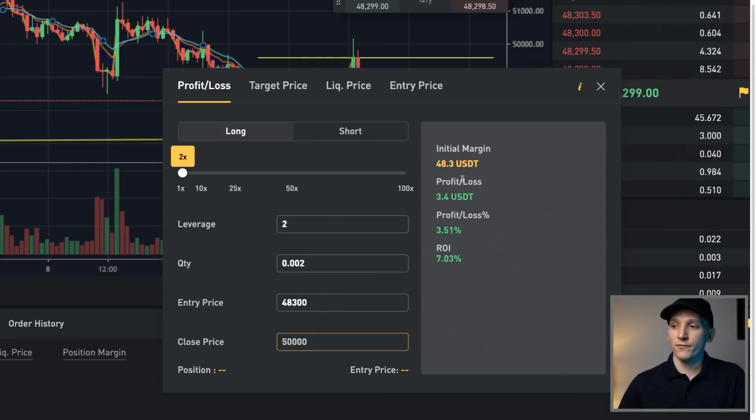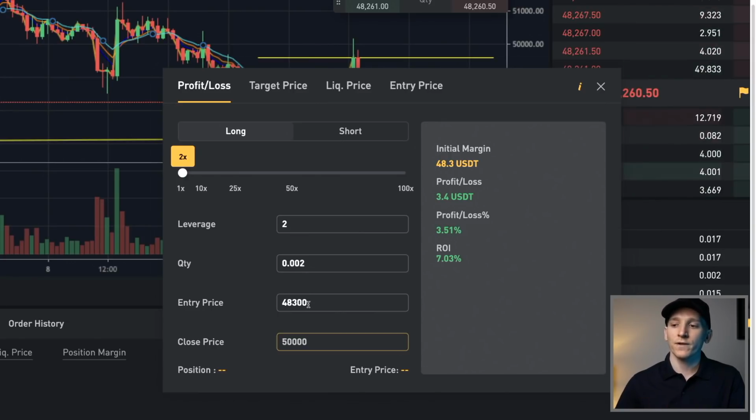If your initial margin, you can see the quantity we're trading is 0.002, which I think is about $200 worth as a position. You only have to put $50 on because I'm margining up, right? So I only have to put on $50 worth of USDT, and I've got a position that's more than that, right? So the quantity of Bitcoin I'm trading is 0.002.